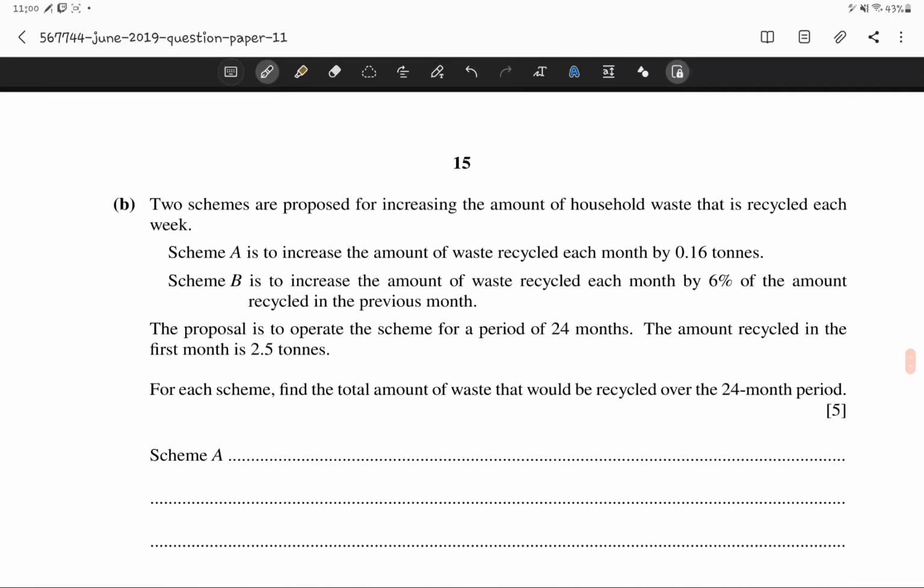Two schemes are proposed for increasing the amount of household waste that is recycled each week. Scheme A is to increase the amount of waste recycled each month by this. Scheme B is 6%, 24 months.